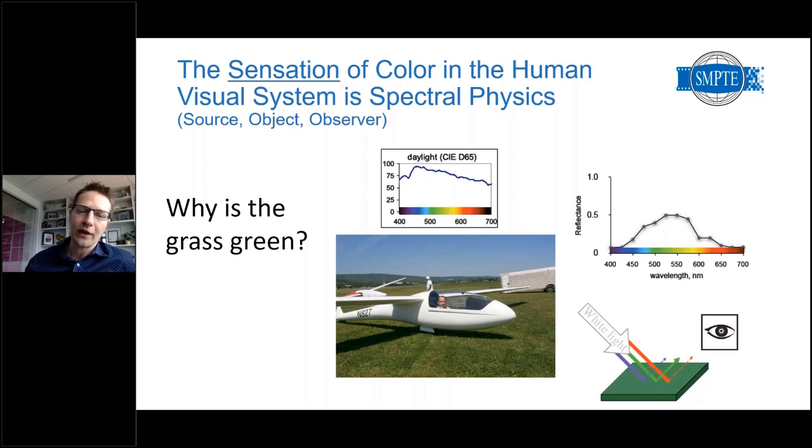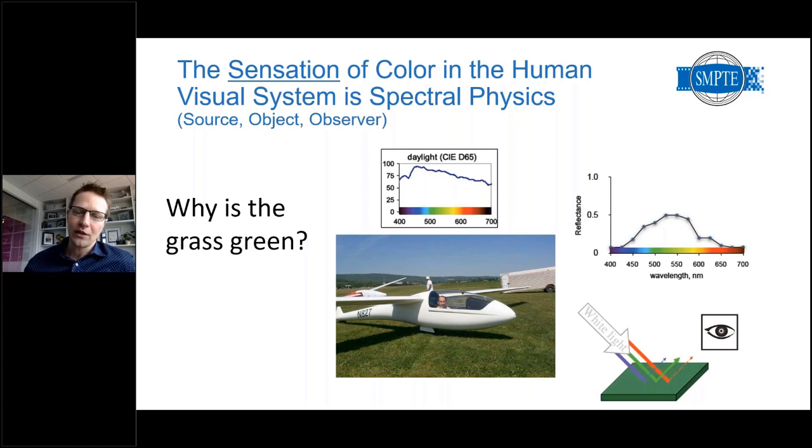Where there is low reflectance, that material preferentially absorbs those wavelengths. And where there's higher reflectance, the energy bounces off, and it bounces off very specifically towards the eyeball of the observer.